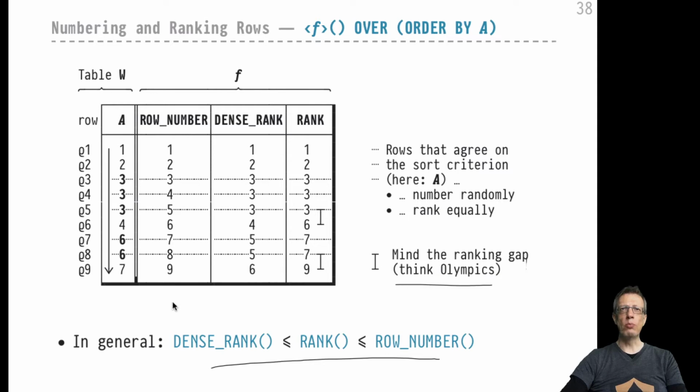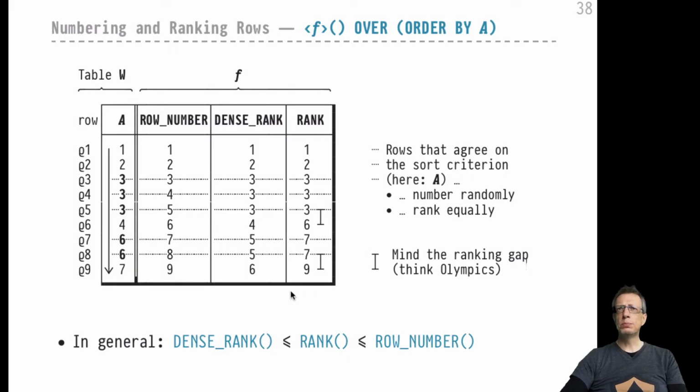While row numbering might look useful at first glance, all of these have their uses, and we will see all of them put to good use during the course of the lecture and the entire course actually. So that's row numbering and row ranking.